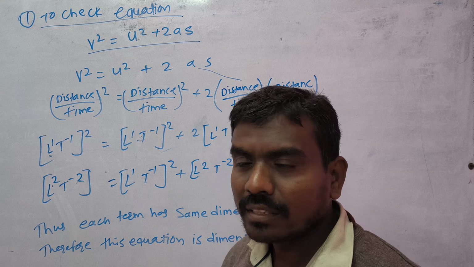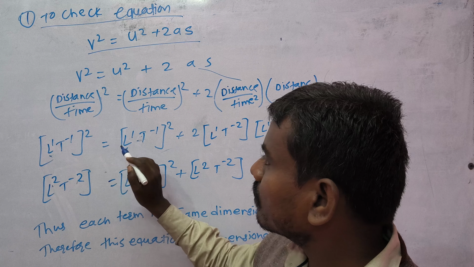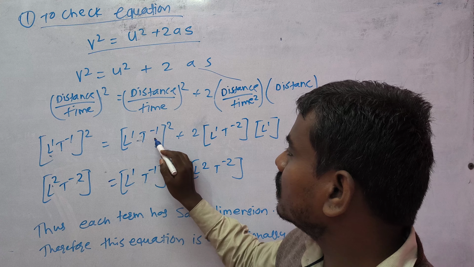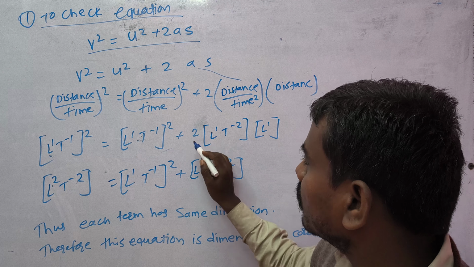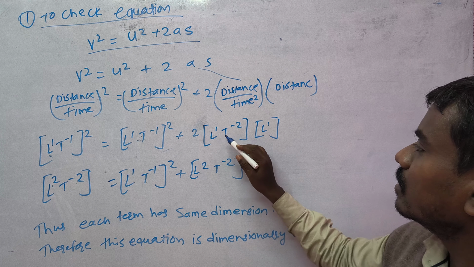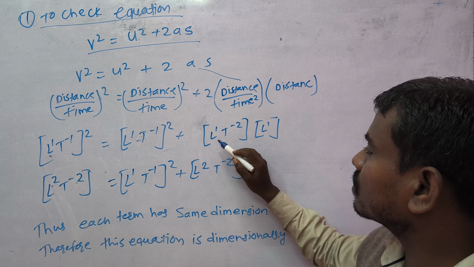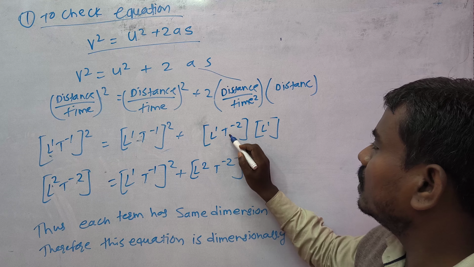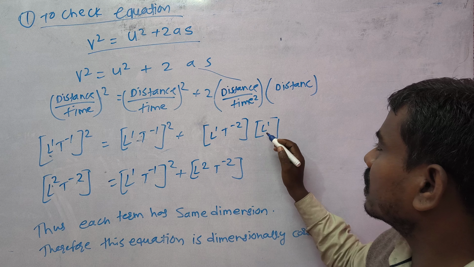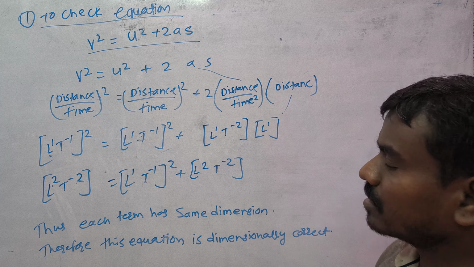L1 t minus 1 whole square, L1 t minus 1 whole square, plus twice into L, don't take this constant, ignore that constant, L1 t minus 2 in another bracket L1, that is distance, only length is there.